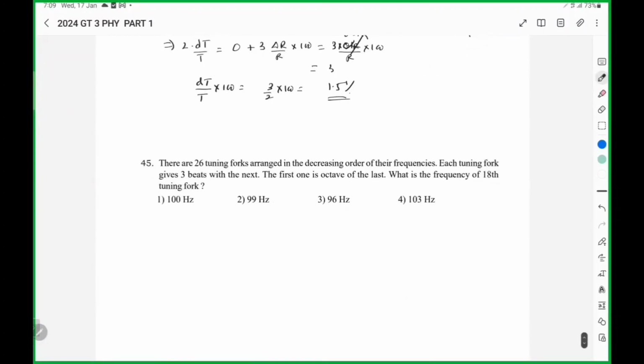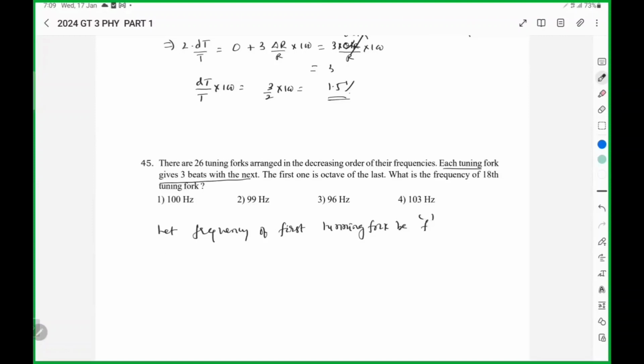There are 26 tuning forks arranged in decreasing order. Each tuning fork gives 3 beats with the next. Let the frequency of the first tuning fork be f.